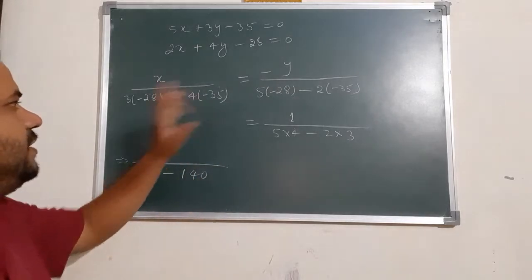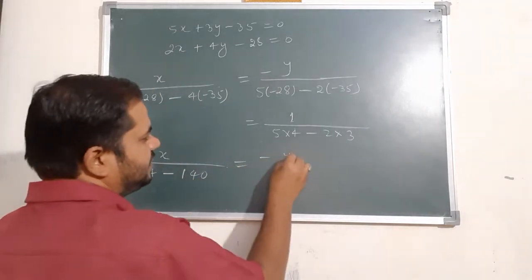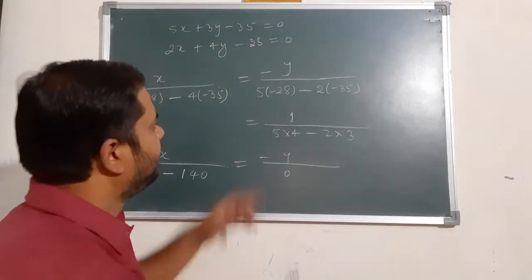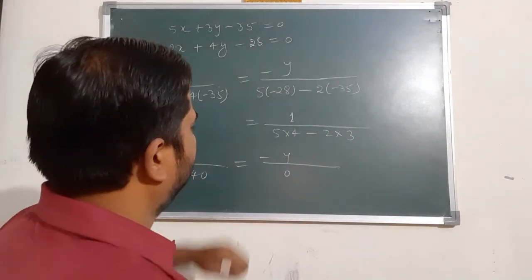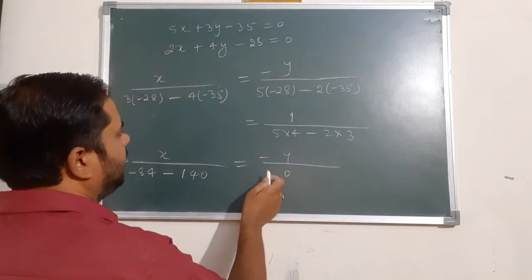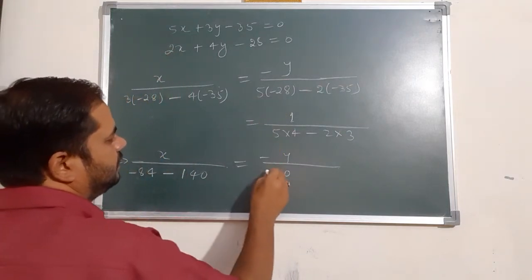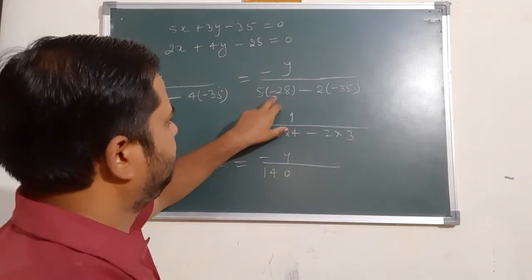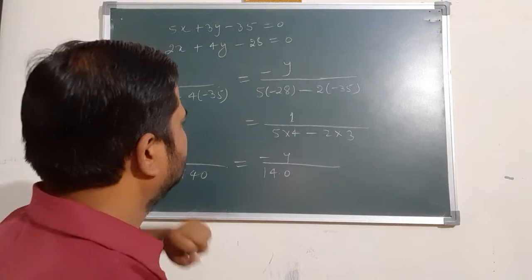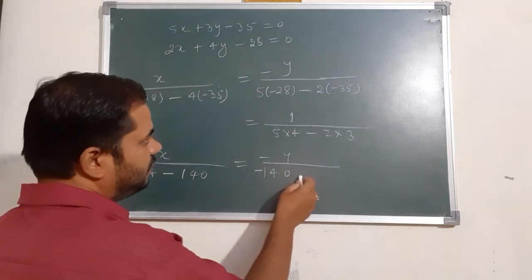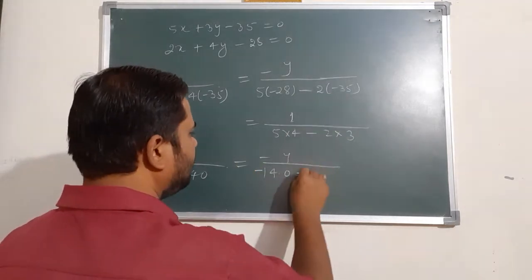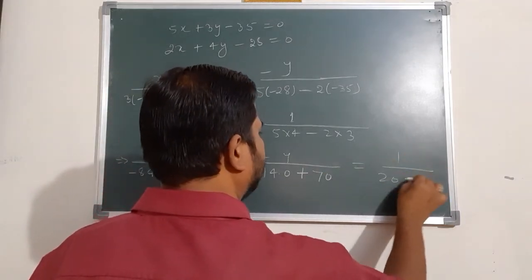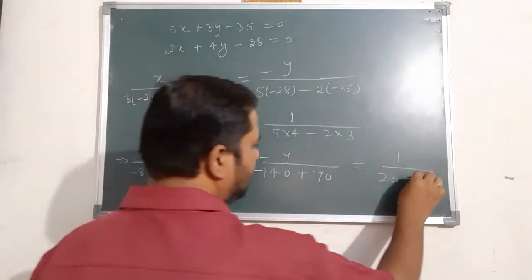This is equal to minus y upon, 5 8s are 40, 5 2s are 10, so minus 140 plus 70, and this is equal to 1 upon 20 minus 5, 15.